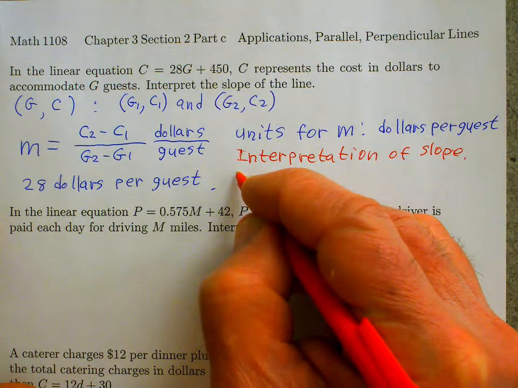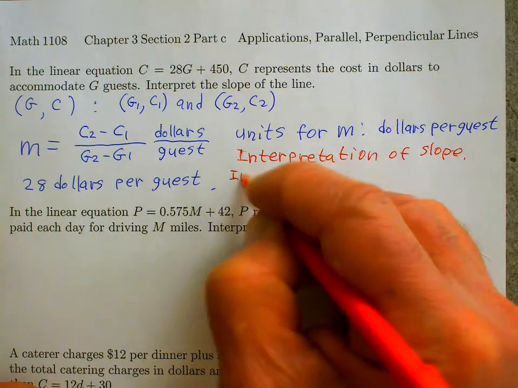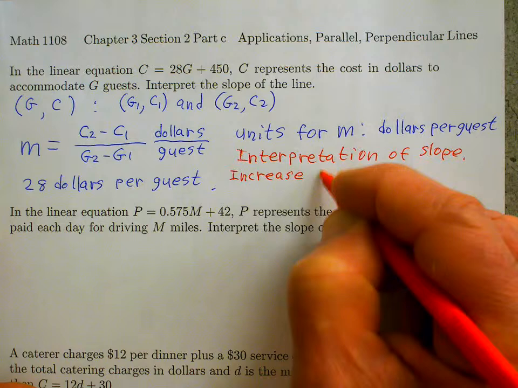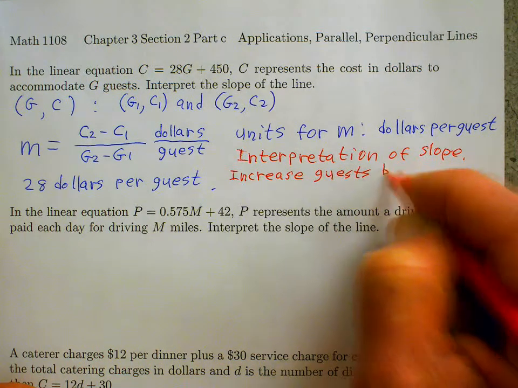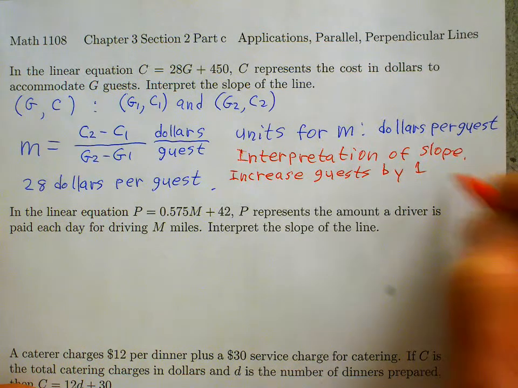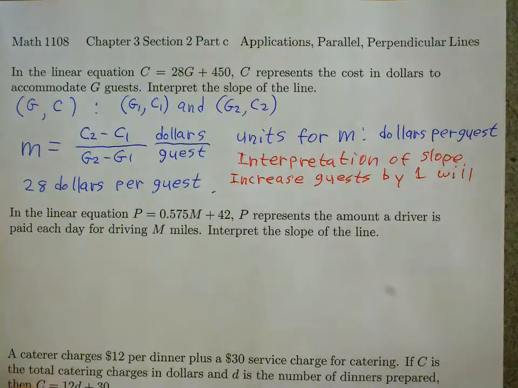If the number of guests increases by 1, it will increase the cost by $28.